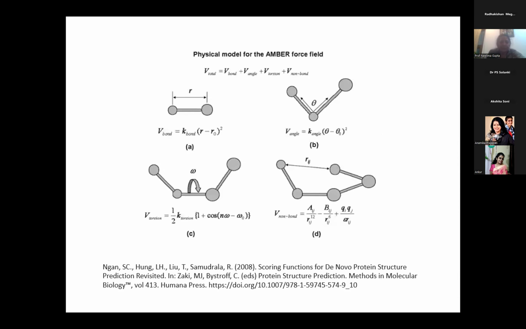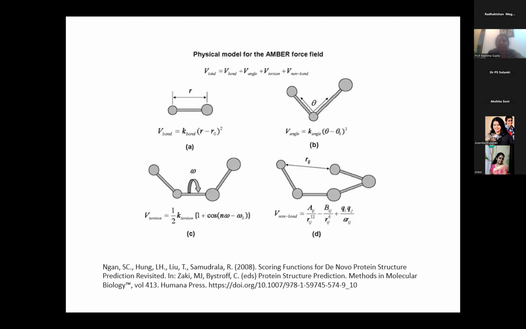Here you can see different types of vibrations. In a diatomic molecule, only one type of vibrational motion is possible. It is a stretching vibration. If you have a 3-atom molecule, what will happen? The number of movements will increase. There will be symmetrical stretching, asymmetrical stretching, both the bonds stretching at the same time, or one is stretching and the other one is compressing.